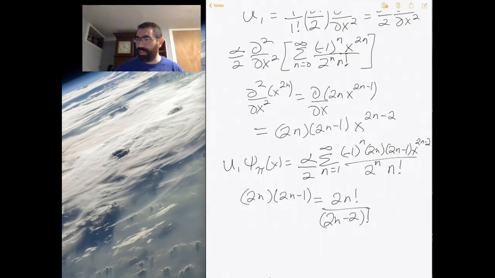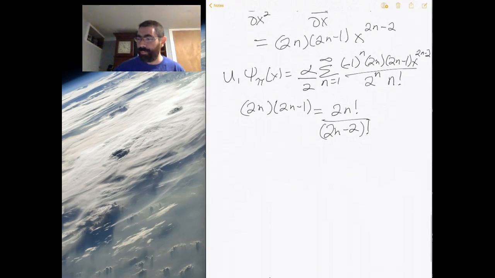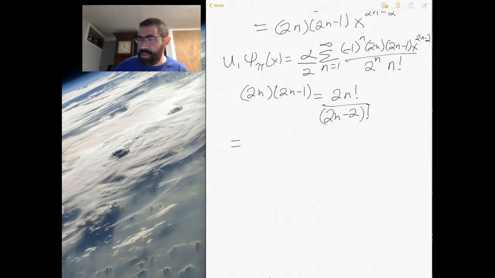That's pretty good, so now I've got more factorial terms in the problem. So I get alpha over 2, the sum from n to infinity. Again, the n equals 0 term dropped out with the derivative.